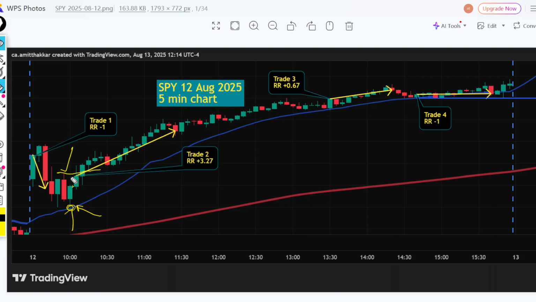Candle number 6's high has not been crossed, so we will not take the position on the 7th candle. But on the 8th candle, the market has crossed the high of the 6th candle, and we can take a bullish trade on the close of the 8th candle. 1, 2, 3, 4, 5, 6, 7, 8, correct. On the 8th candle we will take a buy position.